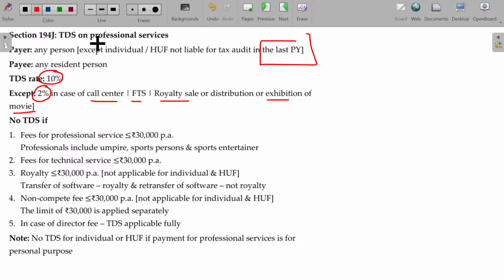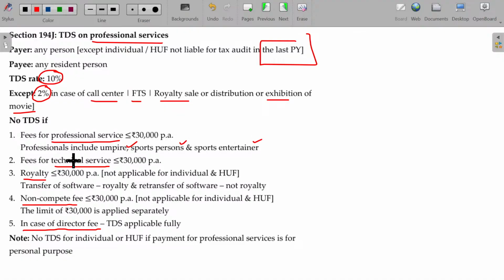And what falls under professional services? Professional services, technical services, royalty, non-compete fee, and director fee. All these five will be considered as professional services. Professional services include umpire, sports person, sports entertainer.